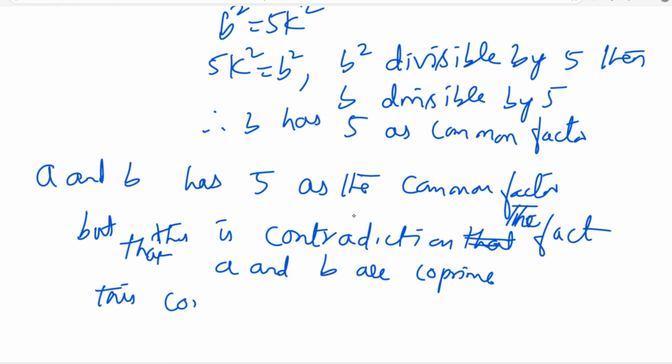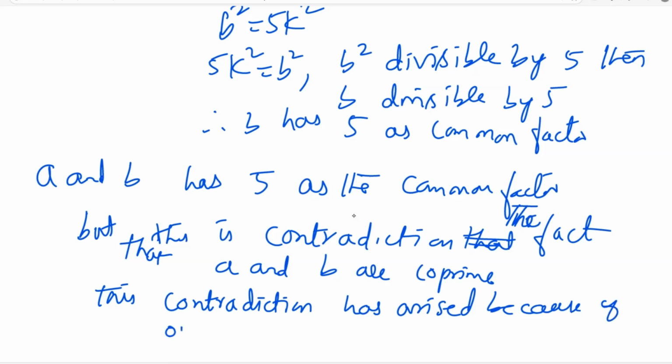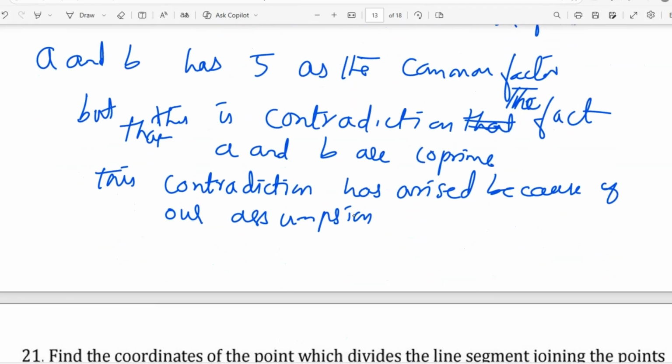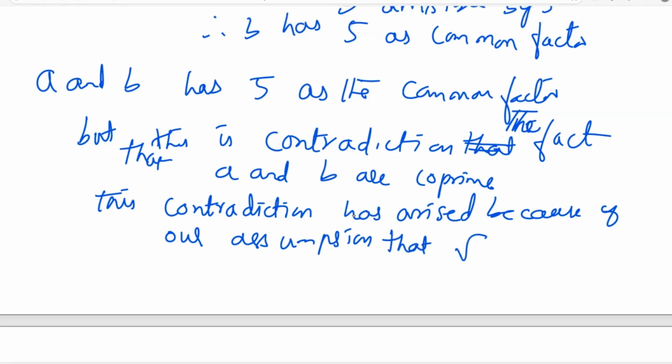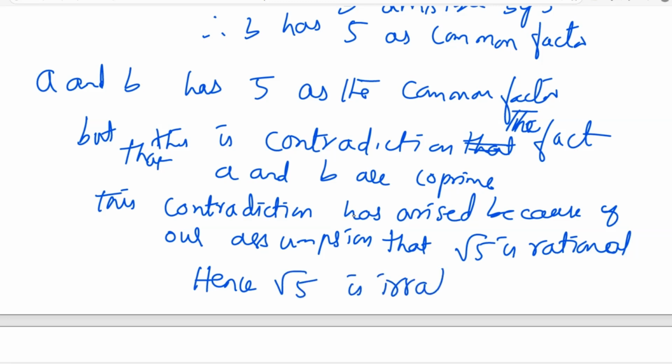This contradiction has arisen because of our assumption that root 5 is rational. Hence, root 5 is an irrational number.